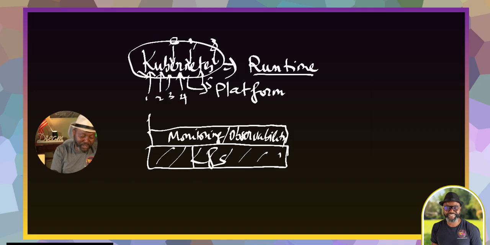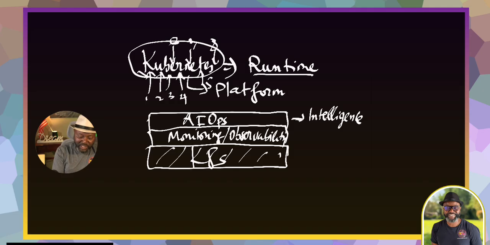On top again of this, we can add another layer, and this will be AI ops. So this will be like the intelligence layer. And this will be our observability.